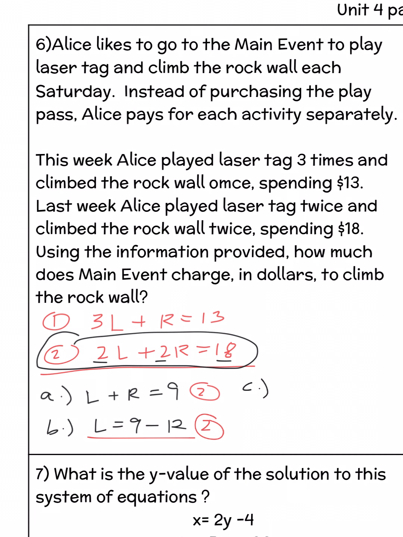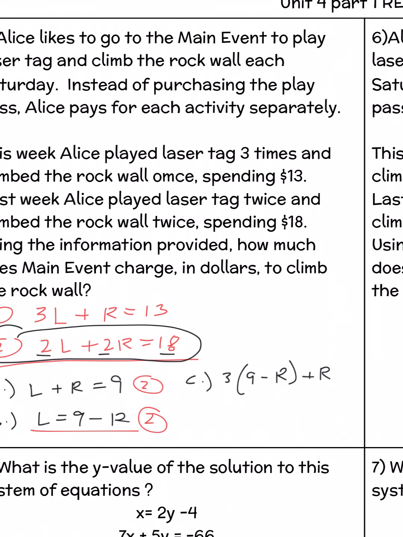So this will look like 3 times 9 minus R plus R equal to 13. So then part D, I'm going to go ahead and distribute and combine like terms. So I'll have 27 minus 3R plus R equal to 13.